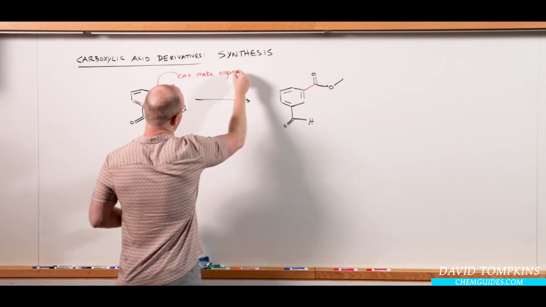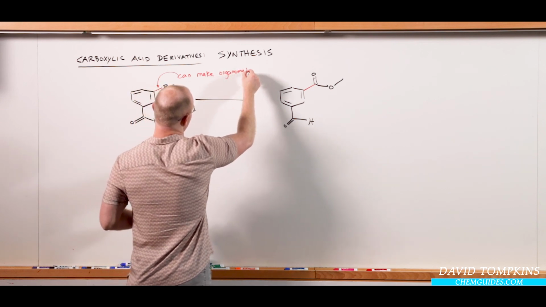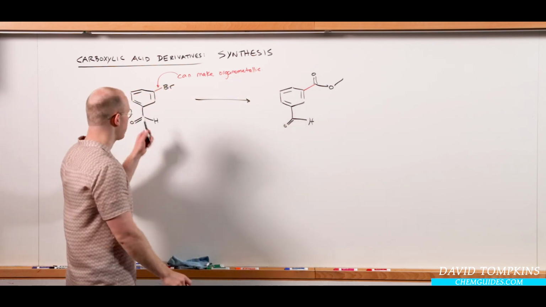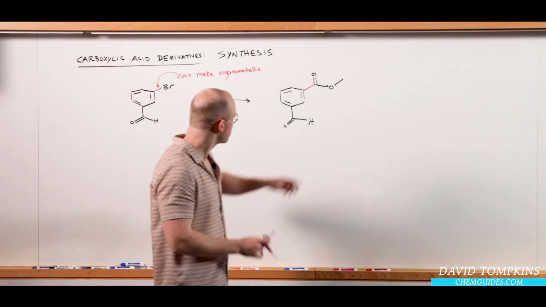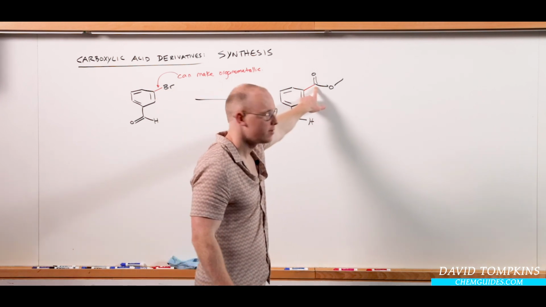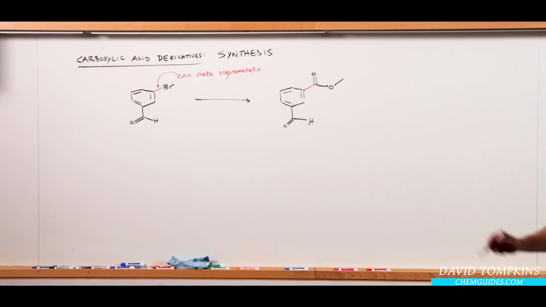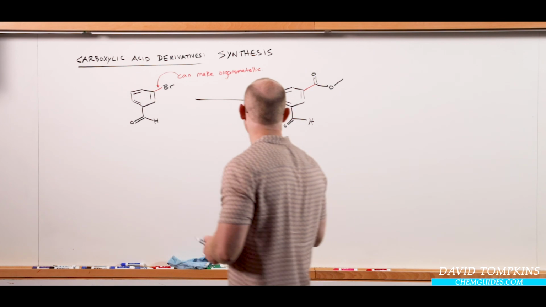Like a Grignard or an organolithium. And that will allow us to add some carbon electrophile to give the product. So let's think about what that carbon electrophile needs to be.